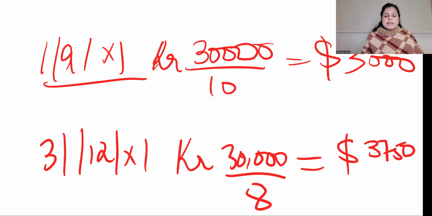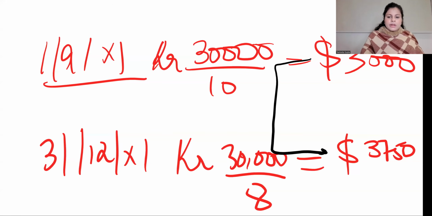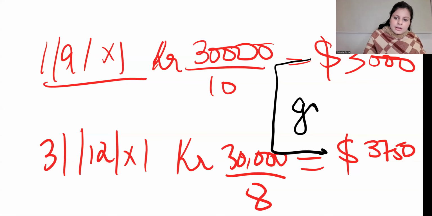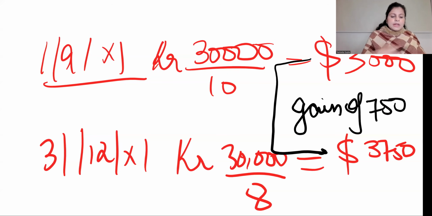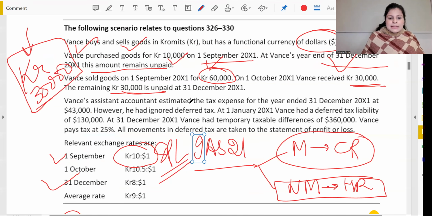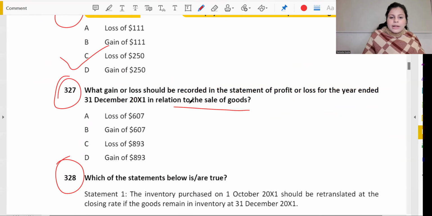So as per this, you are making a gain or a loss on the receivable? Gain. There's a gain of $750. Now in the question, if you check, the requirement says to calculate the total gain or loss in relation to sale of goods.